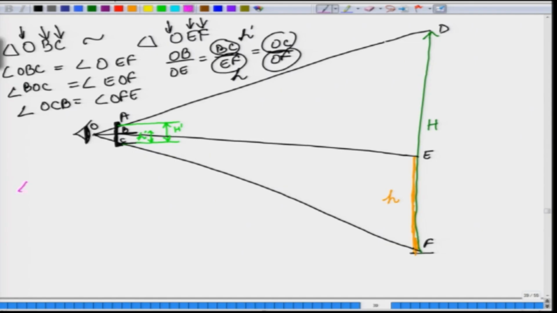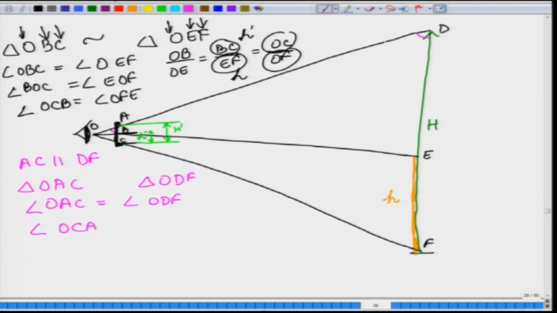So, let us look at triangle OAC and triangle ODF. Now, in both of these triangles you have AC is parallel to DF. So, that would mean that in both of these angle OAC, this angle is equal to angle ODF, this angle OCA, this one is equal to angle OFD, this one, and angle AOC is equal to angle DOF.